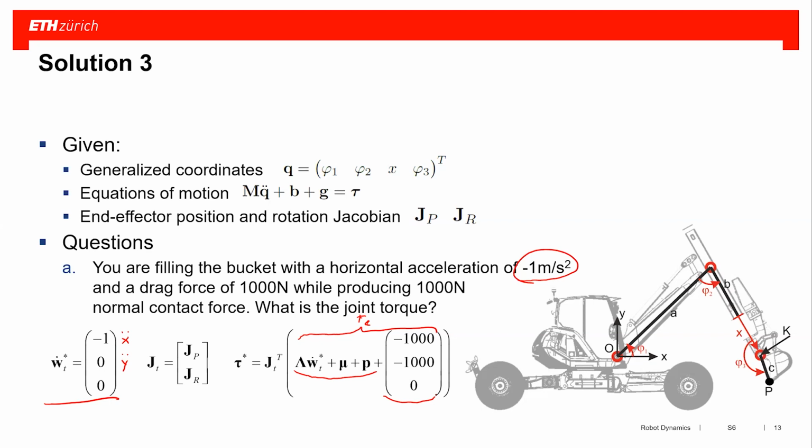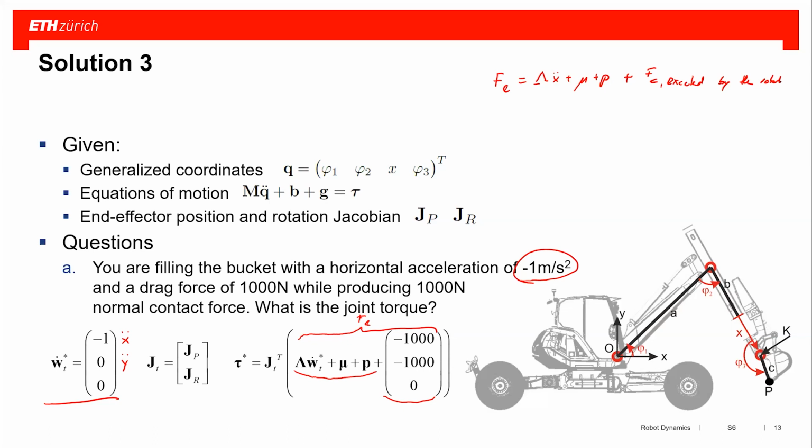And again, if we look at our equations of motion, so we have this Fe is equal to our lambda times X double dot plus mu plus P plus, and now all the forces where I'm producing interaction with the environment, Fc, so the contact forces. And these contact forces are now again the ones exerted by the robot onto the environment.